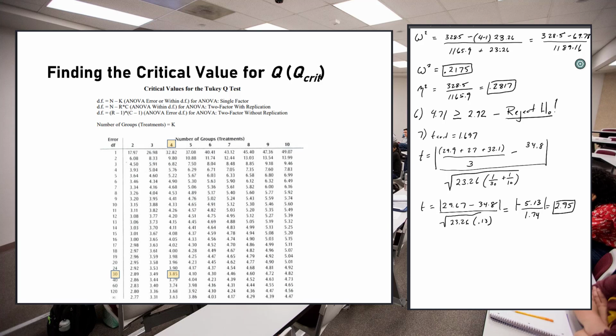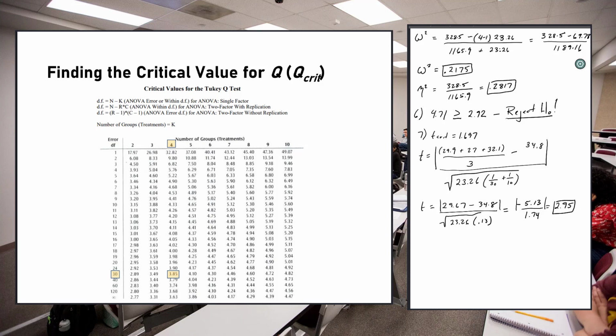One thing that is very easy to mess up here is this: remember in the F table, the top row was K minus 1, the degrees of freedom. More specifically, the degrees of freedom between, or the degrees of freedom in the numerator of the F equation. But in the Q table, it's asking you for the number of groups, which is not K minus 1, it is K. So in this instance, we have 4 groups, so we want to use column 4.